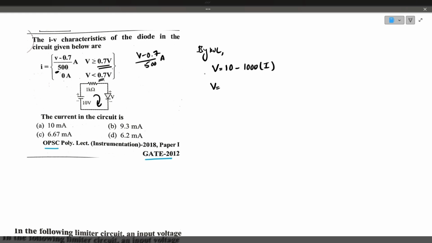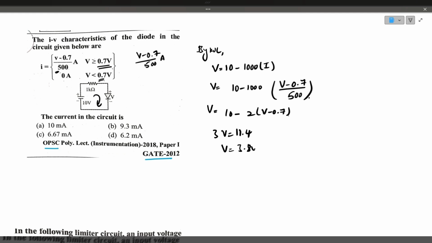So we substitute the I value, that is (V minus 0.7) divided by 500 amperes. If you solve this equation, V is equal to 10 minus 2(V minus 0.7), that is 3V is equal to 11.4. So V is equal to 3.8 volts.